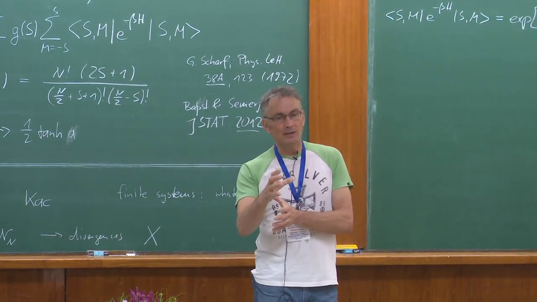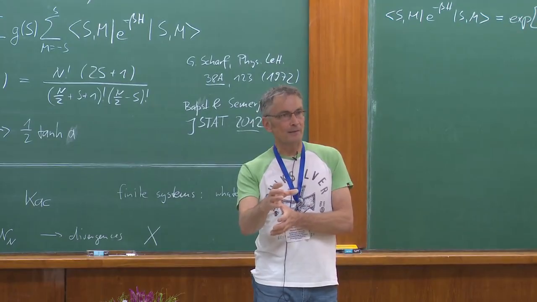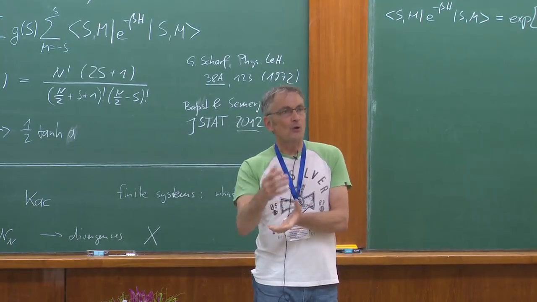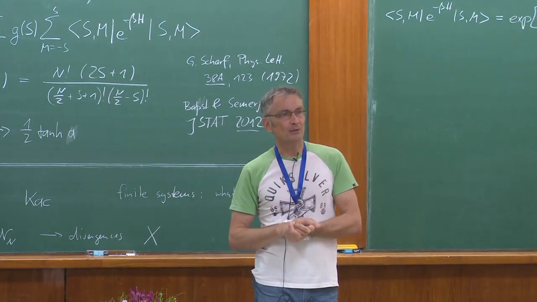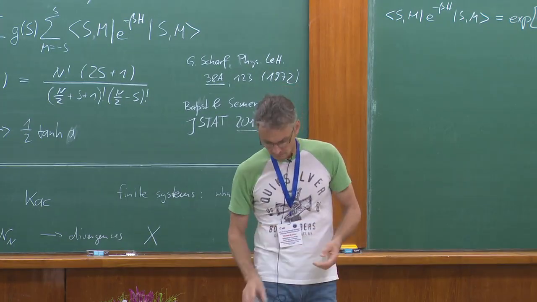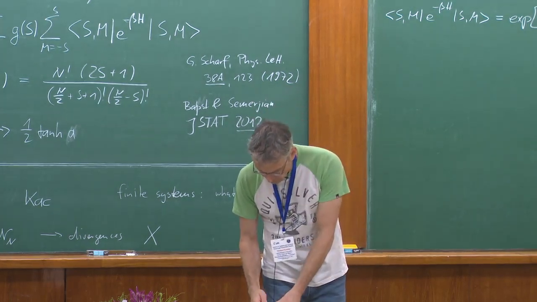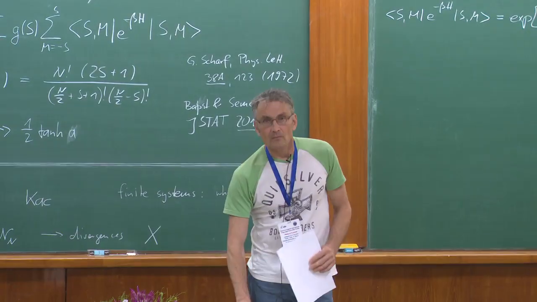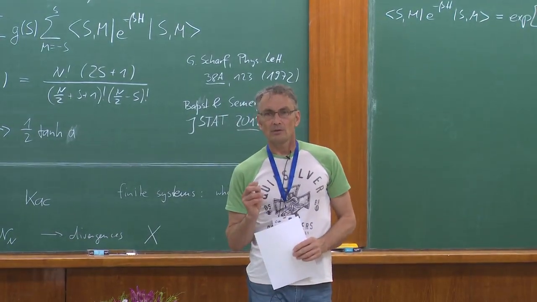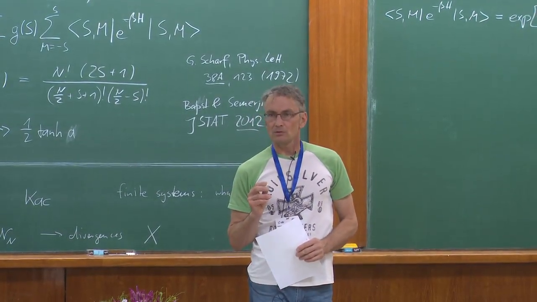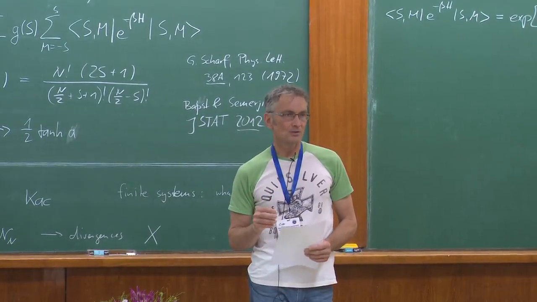You have to do the mean field approximation for the corresponding model that you're interested in, that is your all-to-all model. Right, so I would now continue if there are no immediate questions.